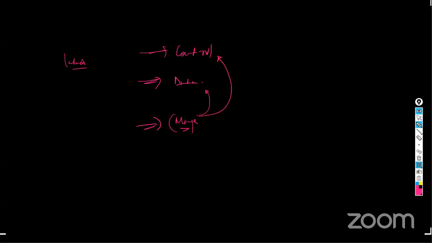Now what about the latest boxes? In the latest boxes we keep the three planes separate: a separate control plane, a separate data plane, and a separate management plane. Management can be part of either data or control, but we keep it different because it only consists of your user management traffic.